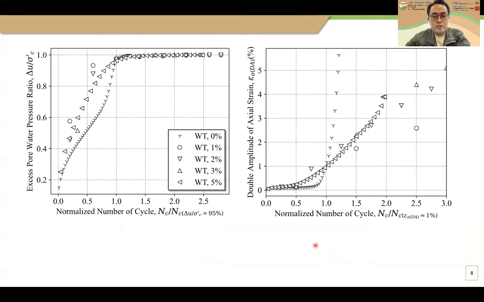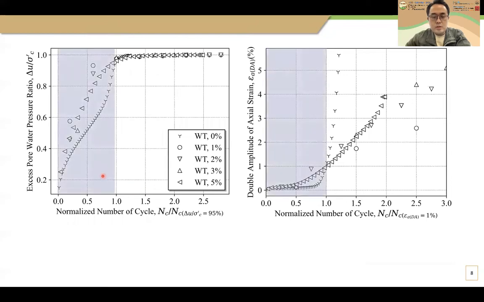This figure shows the result from another perspective. The lateral axis shows the normalized number of cycles, and the vertical axis shows the excess water pressure ratio or double amplitude of axial strain.